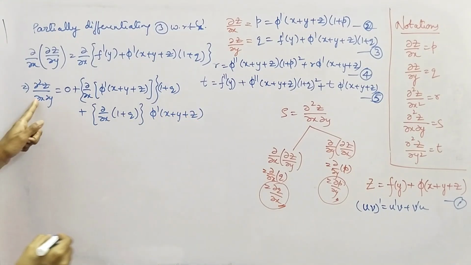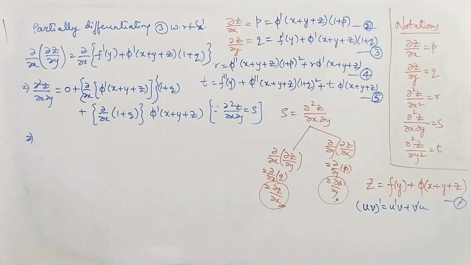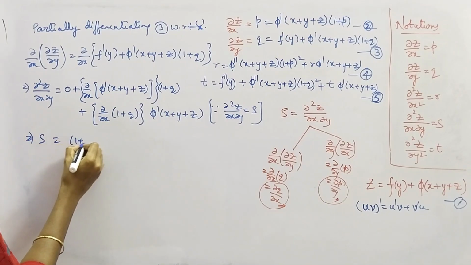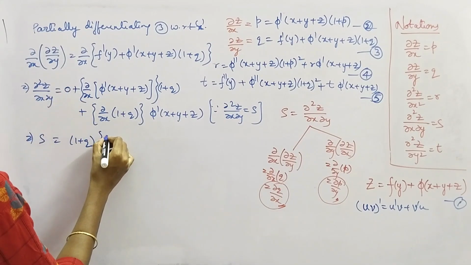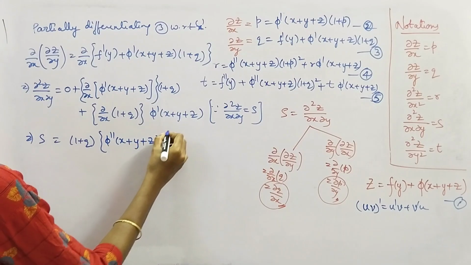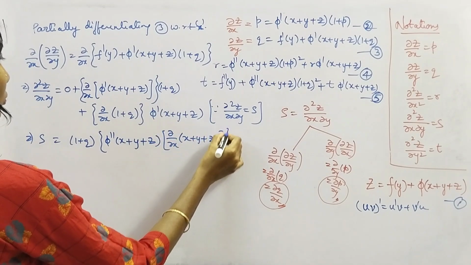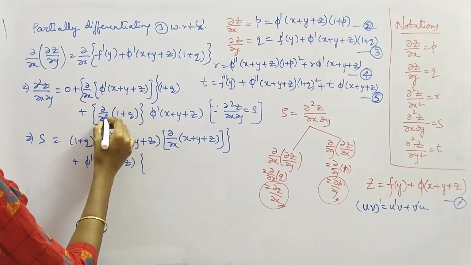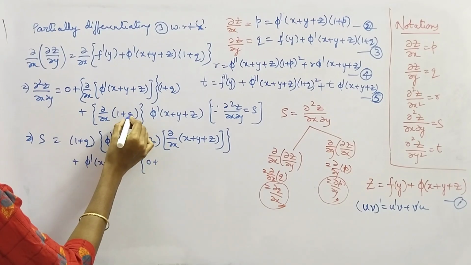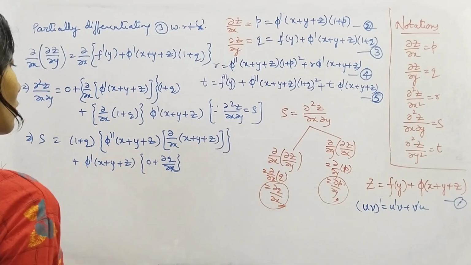Since dou square z by dou x dou y equal to s, let's replace the LHS by s, so that you'll get s equal to 1 plus q into the partial derivative of phi dash of x plus y plus z with respect to x, which is phi double dash of x plus y plus z into the inner derivative dou by dou x of x plus y plus z, plus phi dash of x plus y plus z into the partial derivative of 1 with respect to x, which is 0, plus the partial derivative of q with respect to x, which is dou q by dou x. Dou q by dou x is nothing but s.